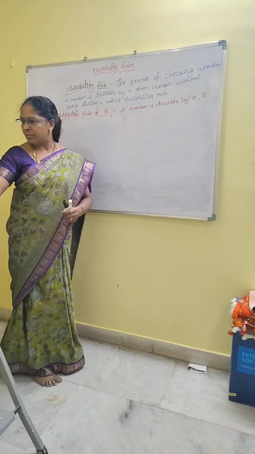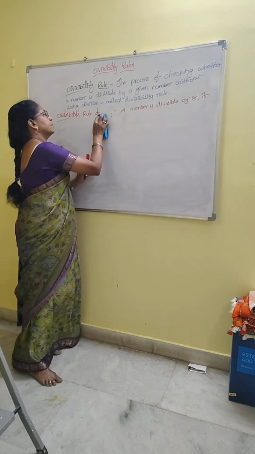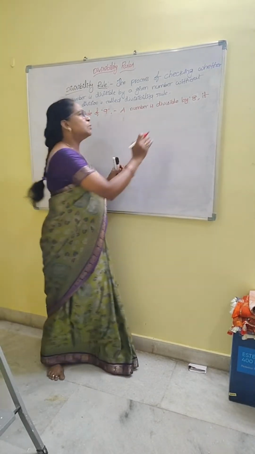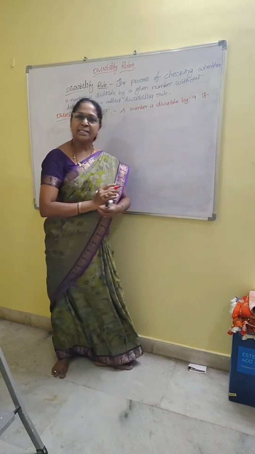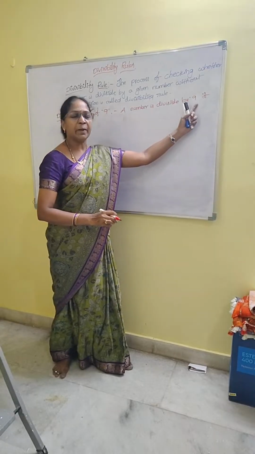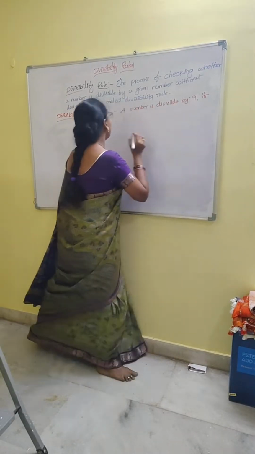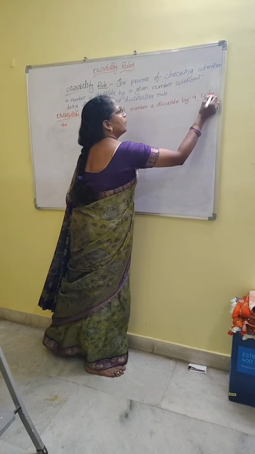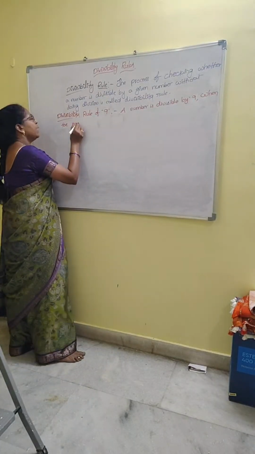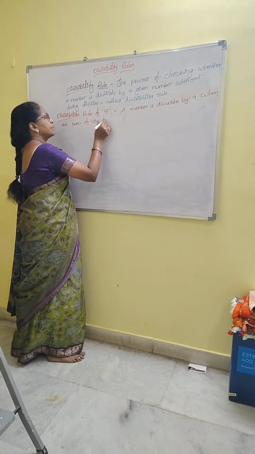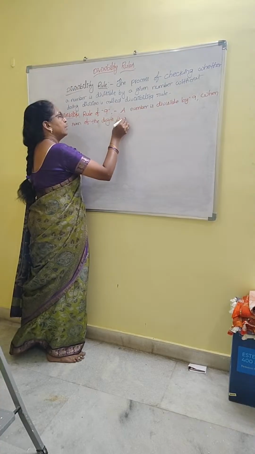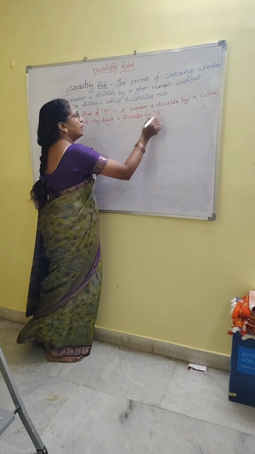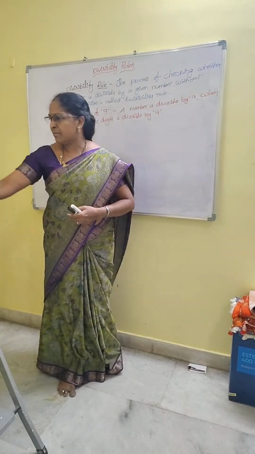What is the divisibility rule of 9? A number is divisible by 9 if the sum of the digits is divisible by 9. This is the divisibility rule of 9.